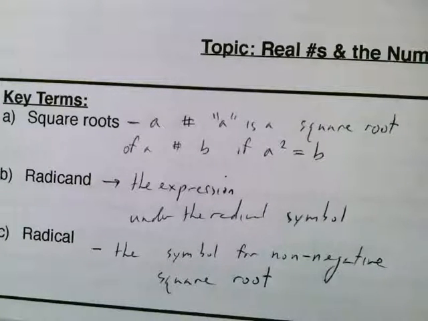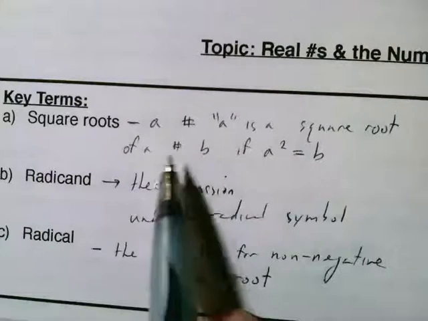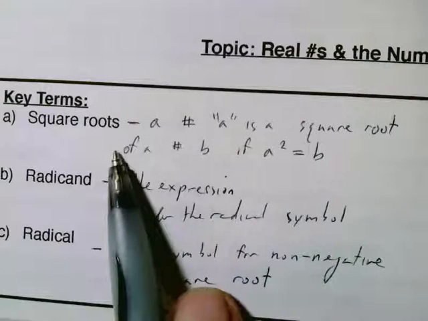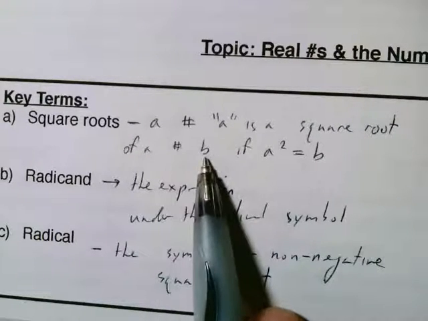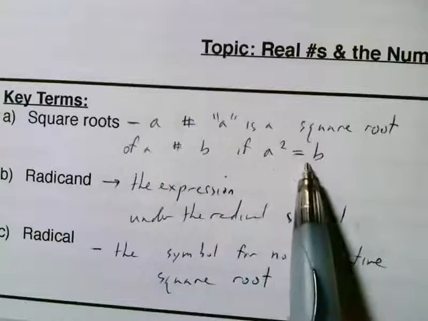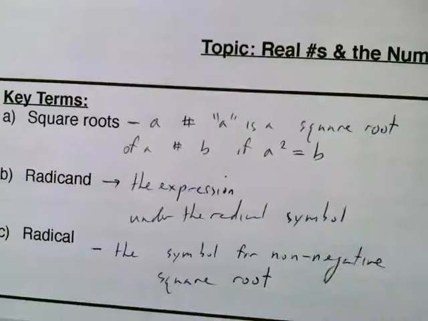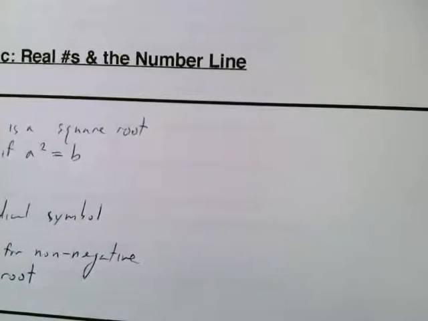You guys are pretty familiar with what a square root is. The definition I have written down is: a number A is a square root of a number B if A squared equals B. So what does that mean? For example, one of my favorite numbers is 7. Lucky 7.